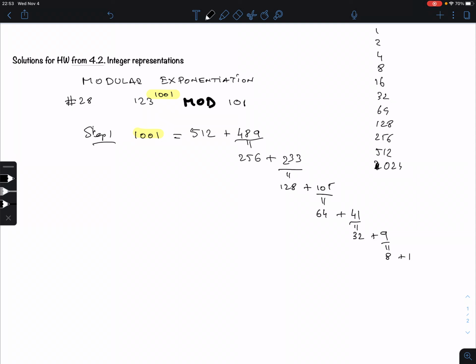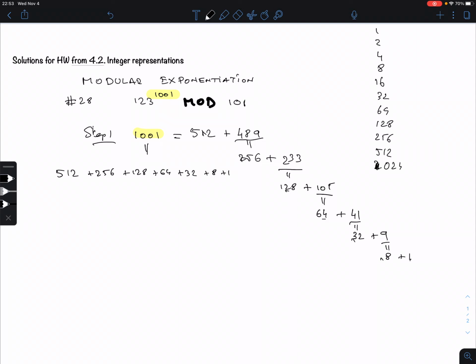So I get 512, 256, 128, 64, 32, 8, and 1. And for some reason, I don't trust myself. So what I'm saying is that we have 512 plus 256 plus 128 plus 64 plus 32 plus 8 plus 1.